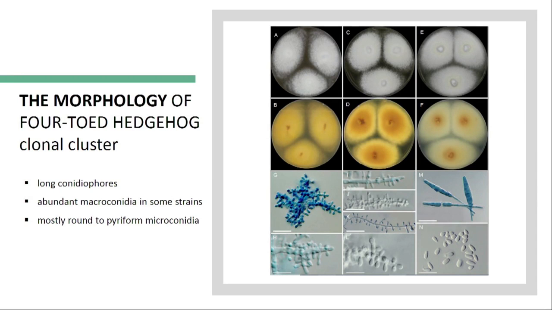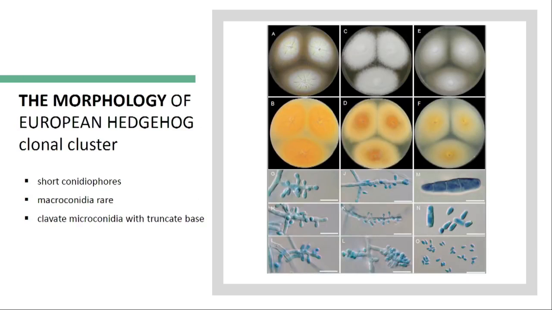You can see that the lineage isolated from the four-toed hedgehog has longer conidiophores, a lot of macroconidia, and also a different shape of microconidia than strains from the European hedgehog, which has very, very short conidiophores like this, and macroconidia are there, but they are very rare, and microconidia are mostly clavate.